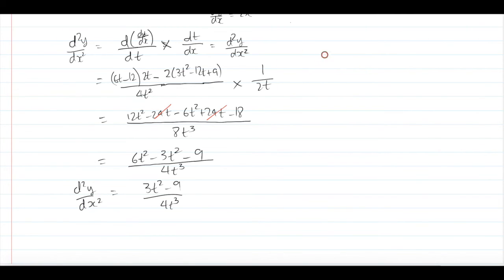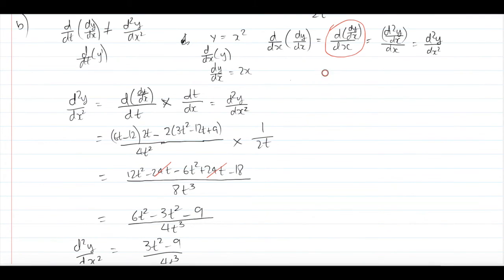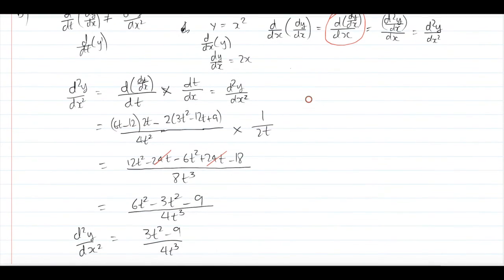Okay, so basically the rule is this part right here. This is the golden rule. If you want to find d square y dx squared when you have a parametric equation, you have to go d dt of that derivative function, or in other words, y dash or dy dx. Then you multiply that by dt dx.